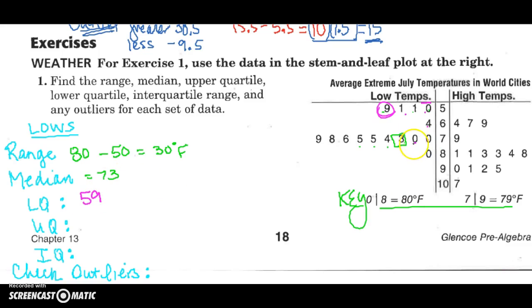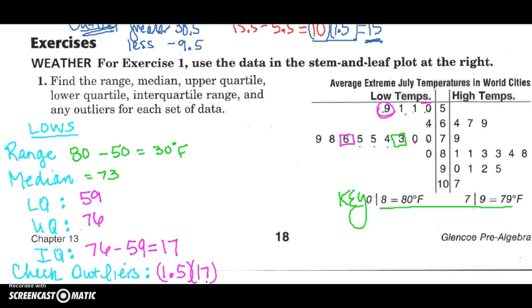My upper quartile, I should have 7, so count 3, and 76 makes the median of my upper quartile. And then I need the interquartile range, so we subtract 76 minus 59, and that's going to give us 17 for our interquartile range. So 1.5 times 17.